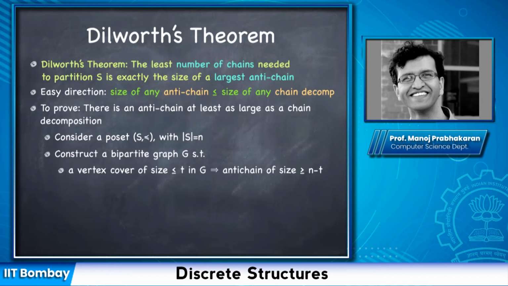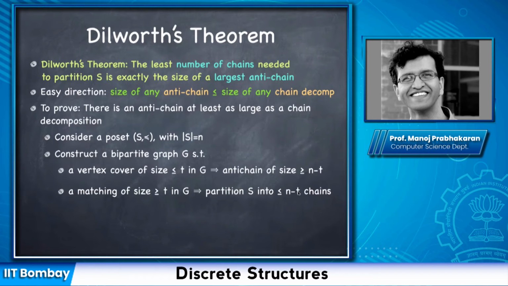In particular, if you give me a vertex cover of size t, it would translate to an anti-chain of size at least n minus t. Also, if you give me a large matching in this graph, that would translate to a chain decomposition into a small number of chains, in particular n minus t chains.